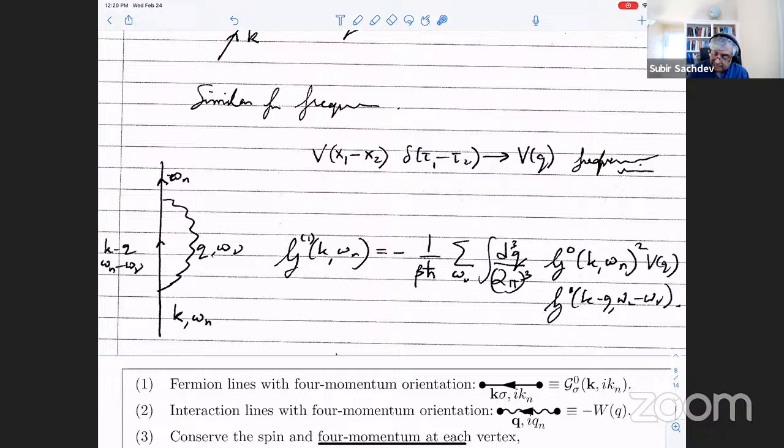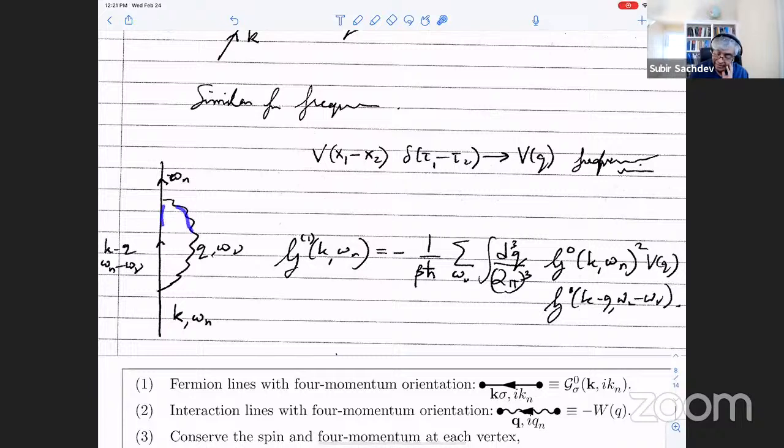Okay. So if you send in momentum k and omega n going this way, and the interaction line carries q and omega nu, then what must be left over goes here. So that's k minus q and omega n minus omega nu. And then finally, at this vertex, again, the same Kirchhoff's law should hold, and that's automatically satisfied.